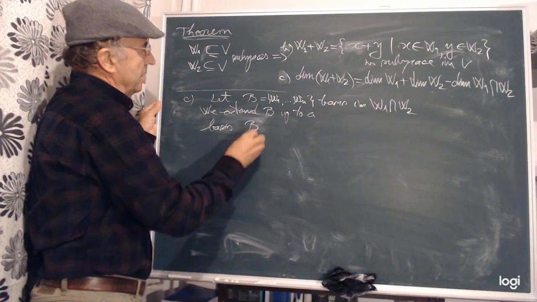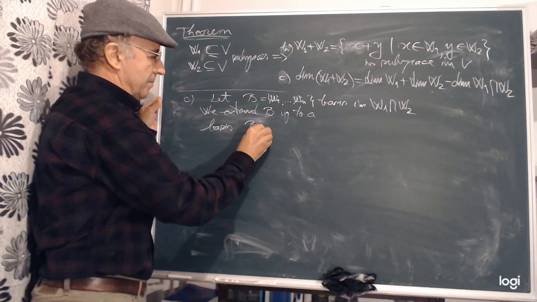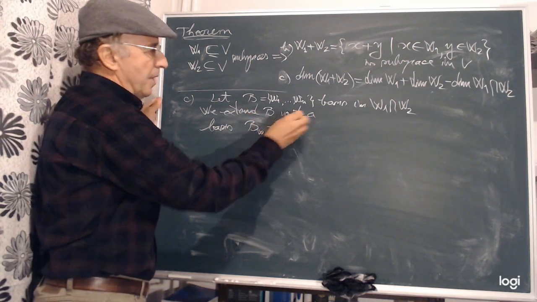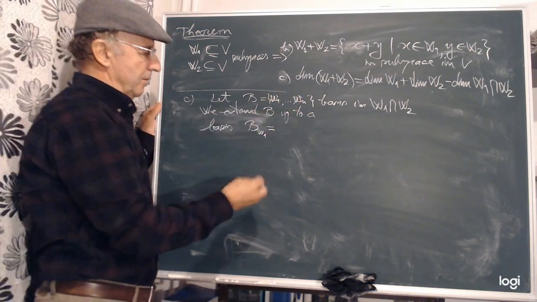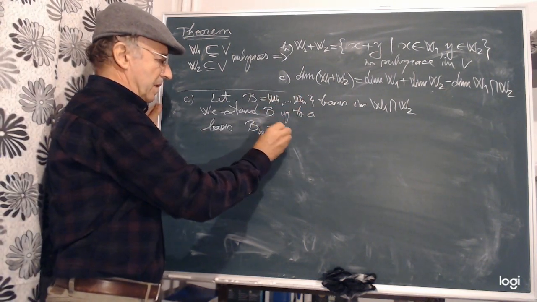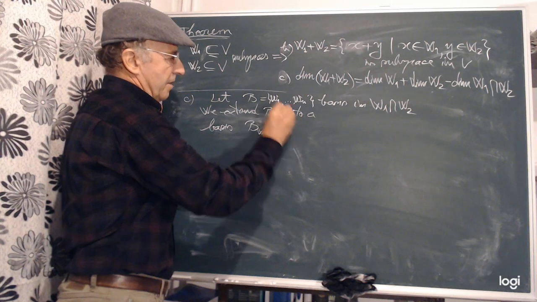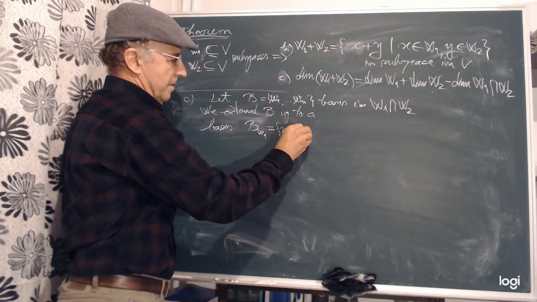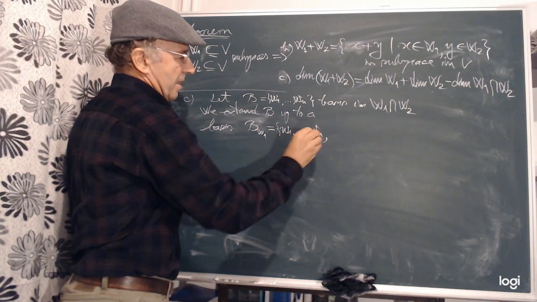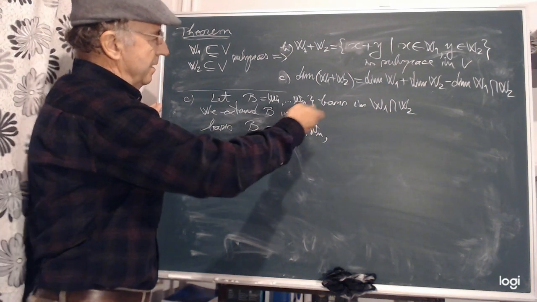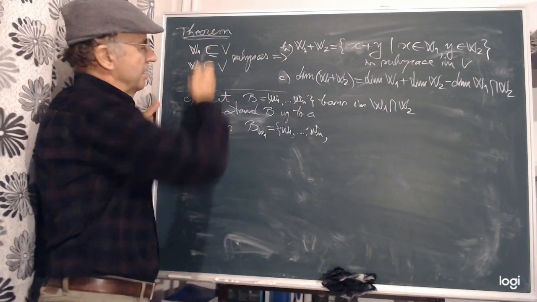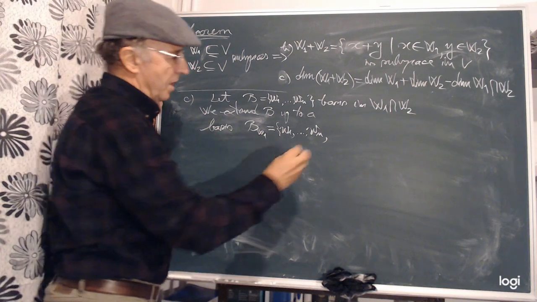by adding new vectors. That is, we have these vectors and we add other vectors in order to get a basis for W1.